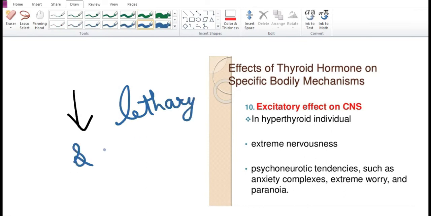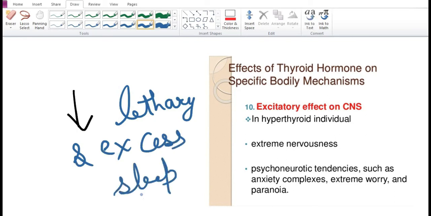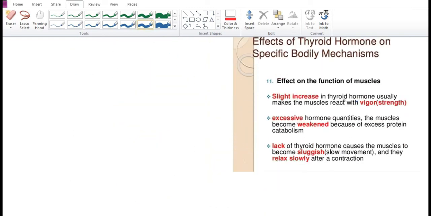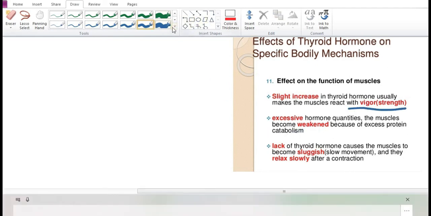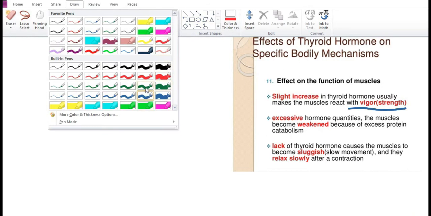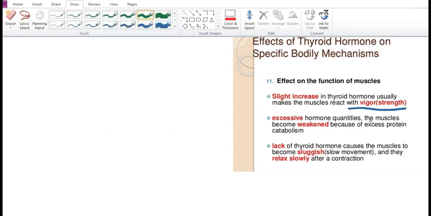Action on the skeletal muscles. A slight increase in thyroid hormone usually makes the muscle react with vigor. With excessive hormone quantities, the muscle becomes weakened because of excess protein catabolism. Lack of thyroid hormone causes the muscle to become sluggish, that is slower movement, and they relax slowly after a contraction.